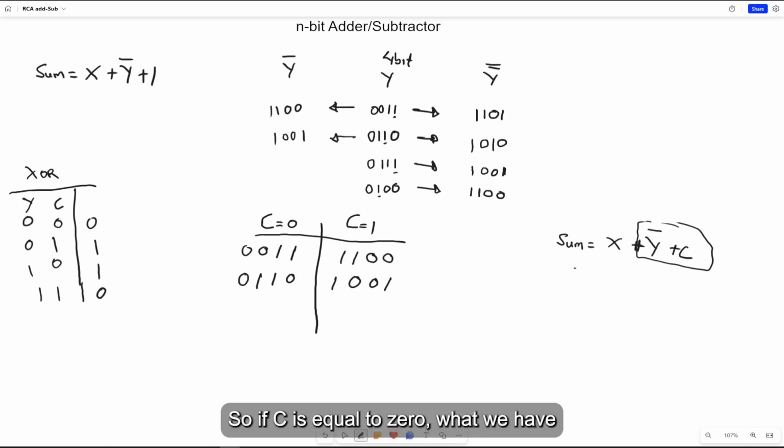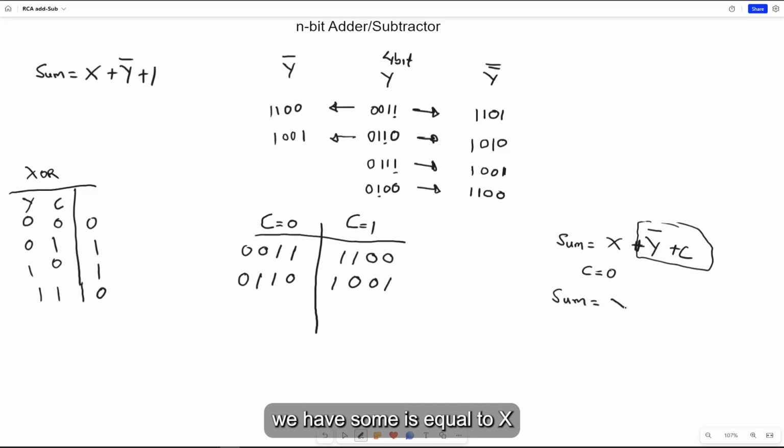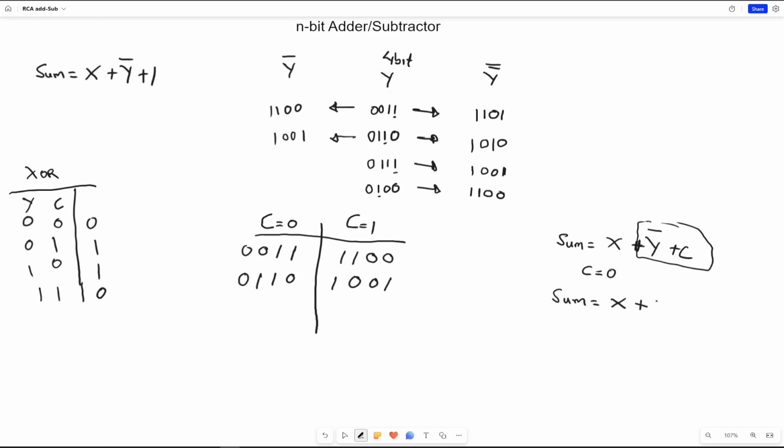If C is equal to 0, sum is equal to x plus y plus 0.